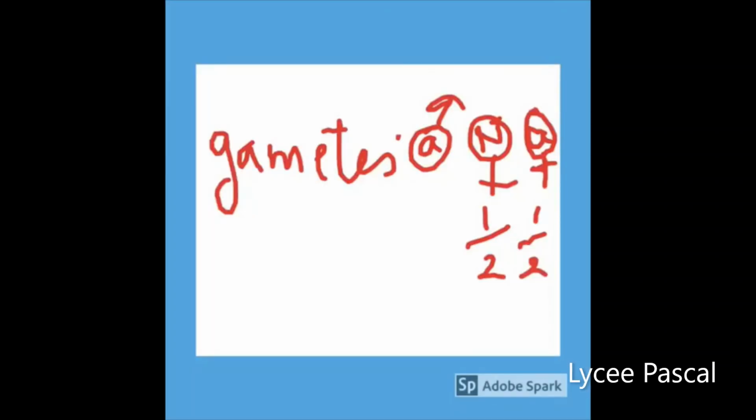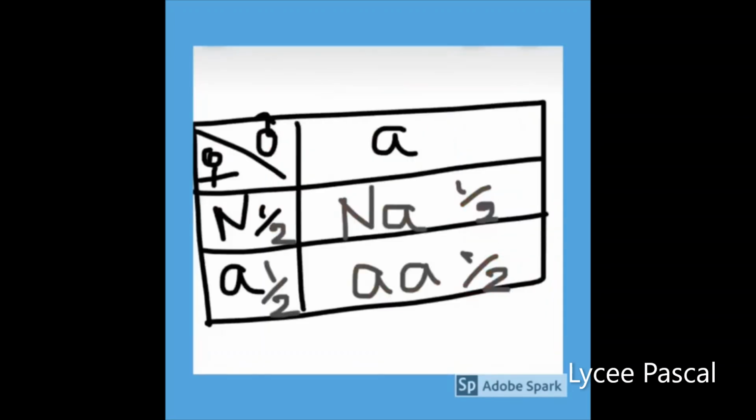Now we are going to write the gametes. The first individual is affected and has the same allele, so we are going to write a. And the second one is normal but heterozygous, or a carrier, so we have to draw two gametes. The first one carries the N or the normal allele and the second one carries the a or the albino allele. And this is the table.